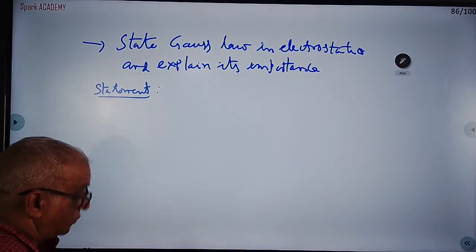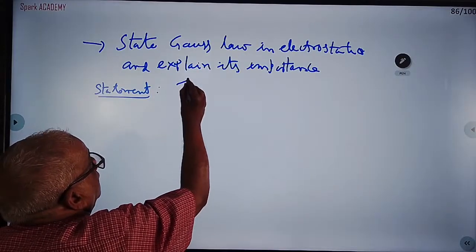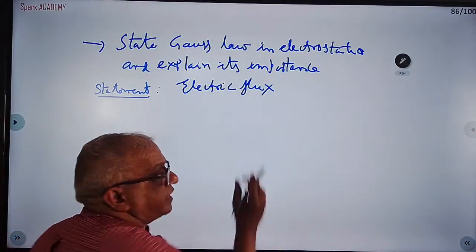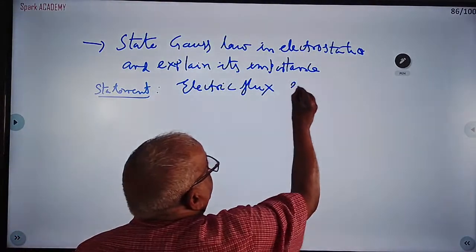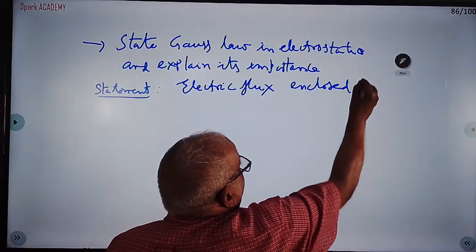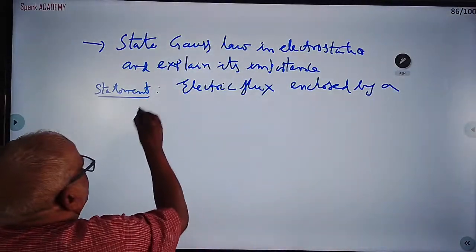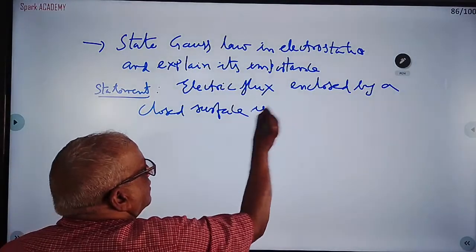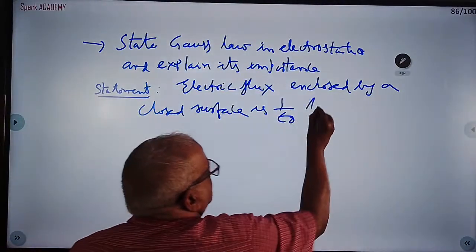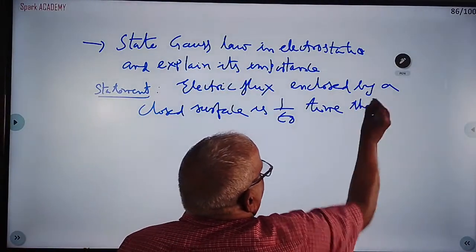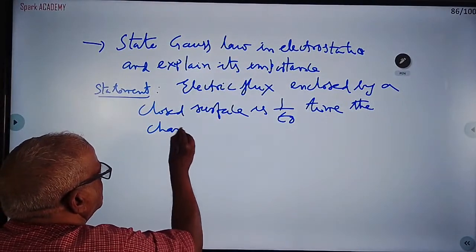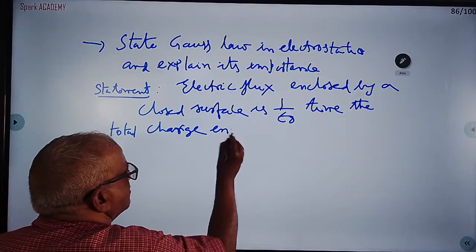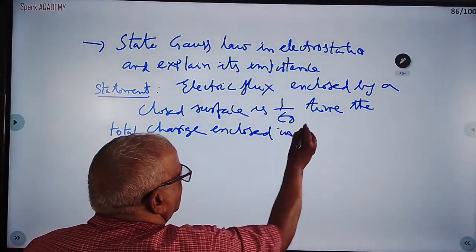Statement: The total electric flux enclosed by a closed surface is 1 by epsilon naught times the total charge enclosed in the surface.